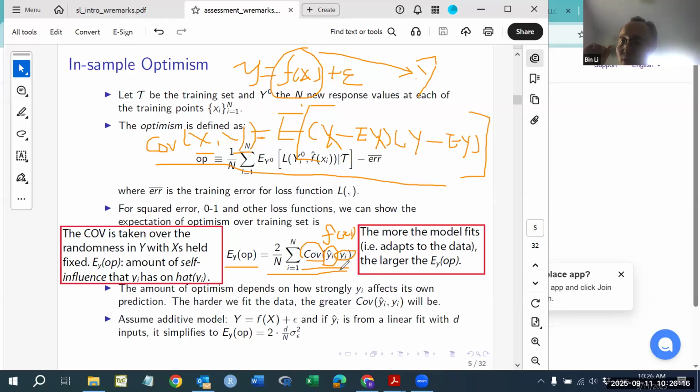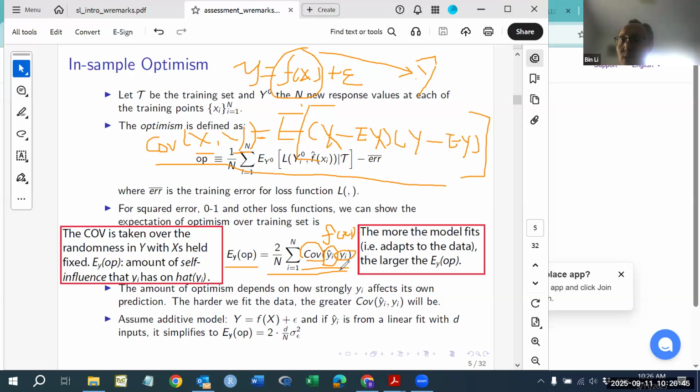Why? Because f(xi) is a constant. It's not a random variable. Constant means that x is measured without any additive errors. F(x) is the deterministic part. There's no randomness here. You give me an x, the f(x) is fixed. It's not f hat, okay?